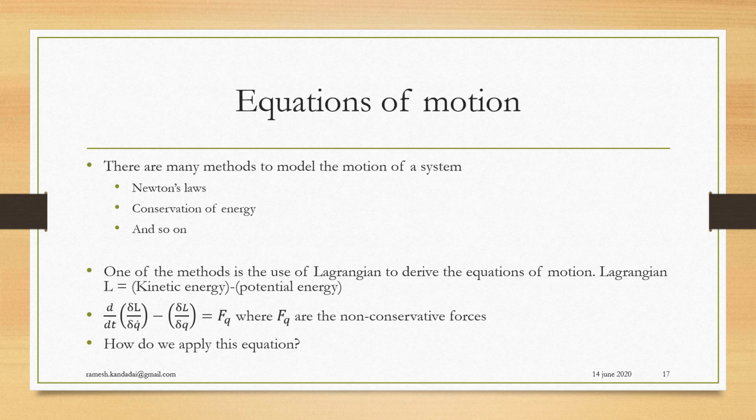There are many methods to model the motion of a system: Newton's laws, conservation of energy, and so on. Lagrangian is another one, which is based on the combination of kinetic energy and potential energy. And the Lagrangian equation is given on the slide right now. The question is, how do we apply this?